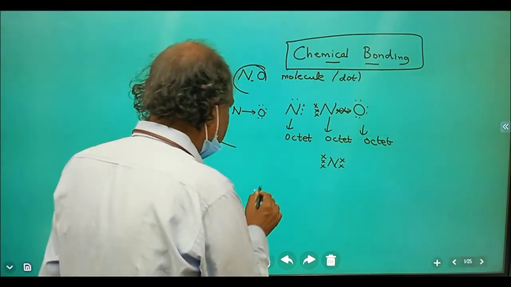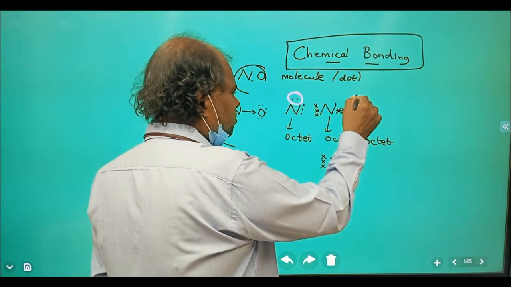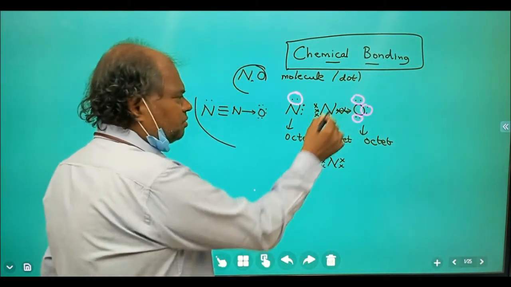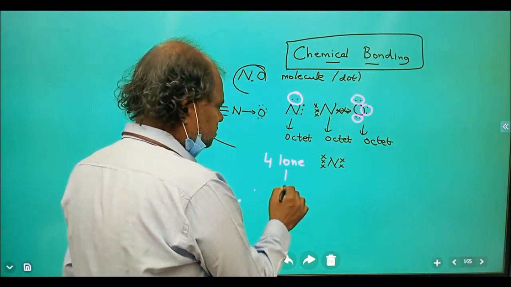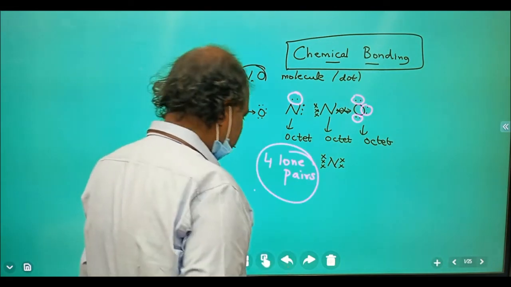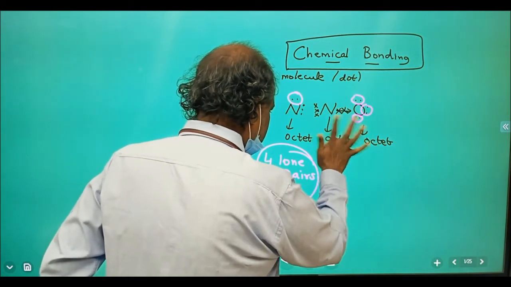See, this is a lone pair. Can you see this? This is a lone pair, this is a lone pair, this is a lone pair. Suppose in the exam they ask you how many lone pairs there are. The answer is 4 lone pairs. That will be the logic of this.